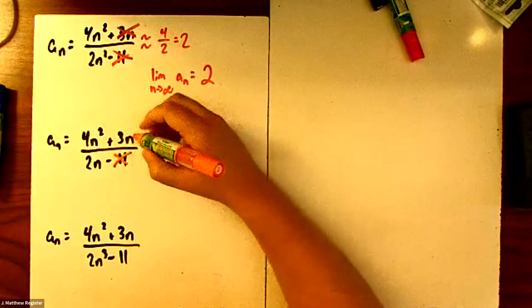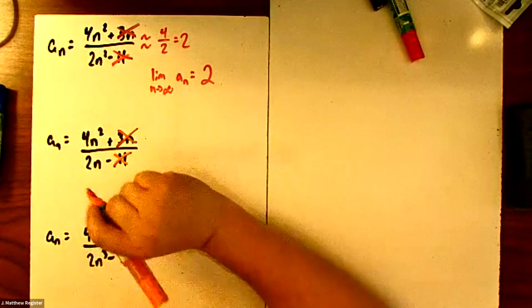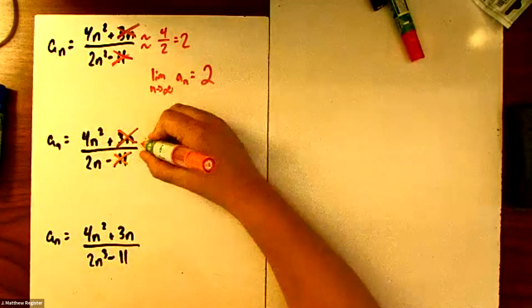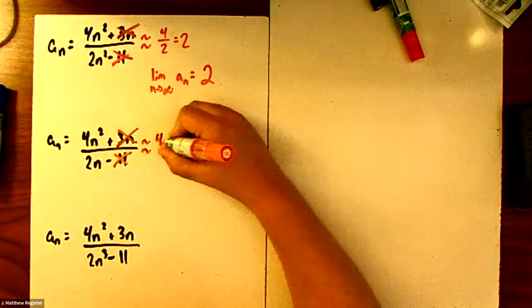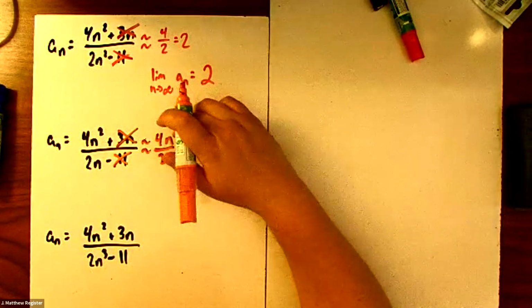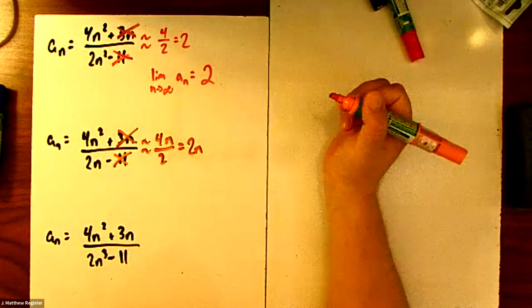This 3 million here has no bearing on this fraction. But now, as we get to very, very large numbers, we get 4n squared over 2n, which we could simplify to give us 4n over 2, or just 2n.